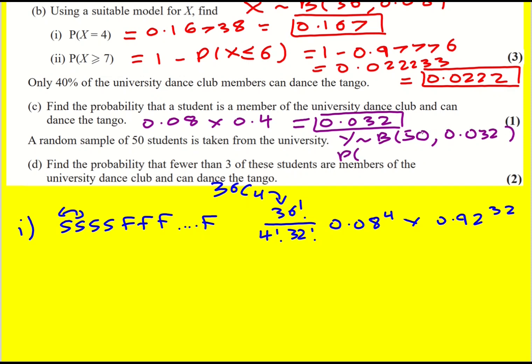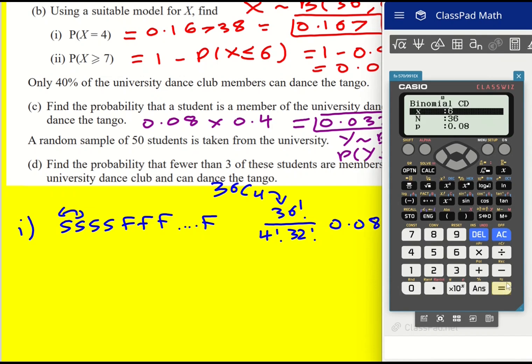I want the probability that fewer than 3 of them are members of the dance club and can dance the tango. So that is going to be y is less than 3, or we want to change it to less than or equal to, so y is less than or equal to 2. Okay, and that's the hard work done. I just need to put that on my calculator.